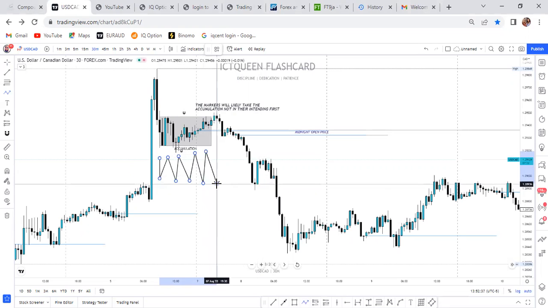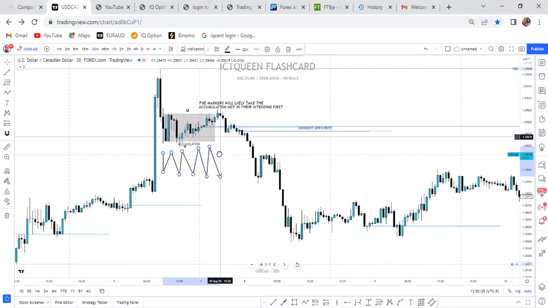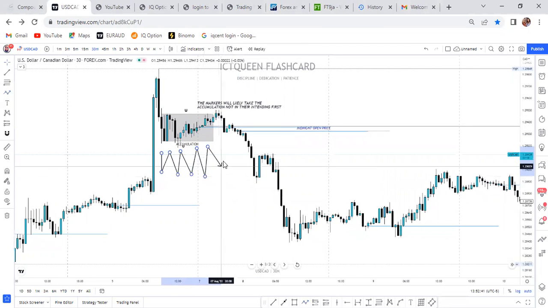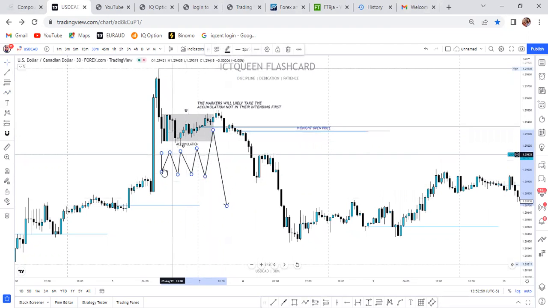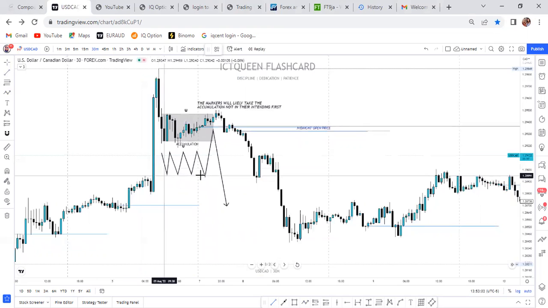They drove price above the buy side, taking buy side liquidity.